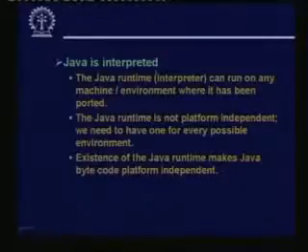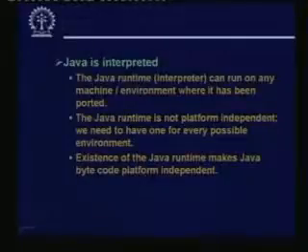Java is an interpreted language. The Java runtime, or the interpreter as we had called it, can run on any machine or environment where it has been ported. The Java runtime is not platform independent, this we will explain again.